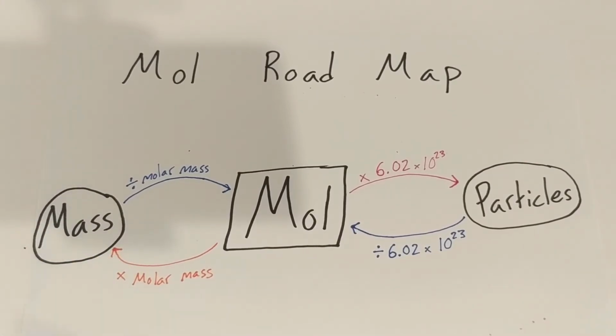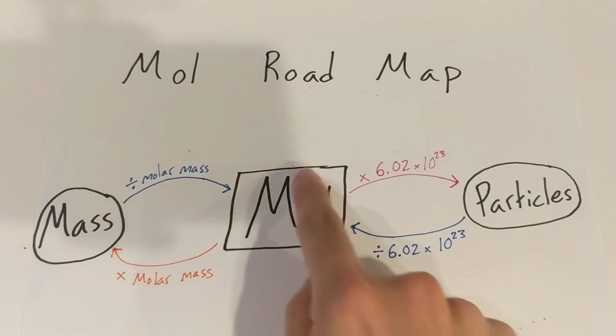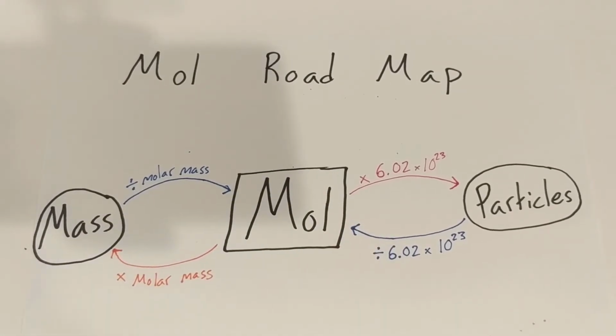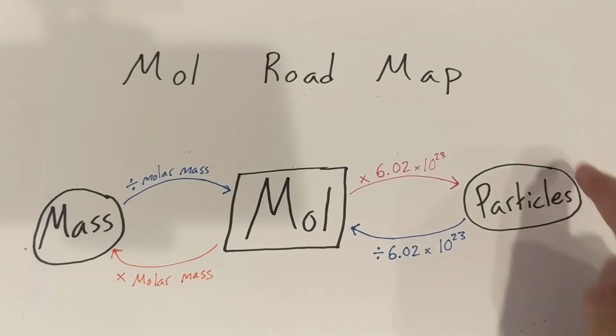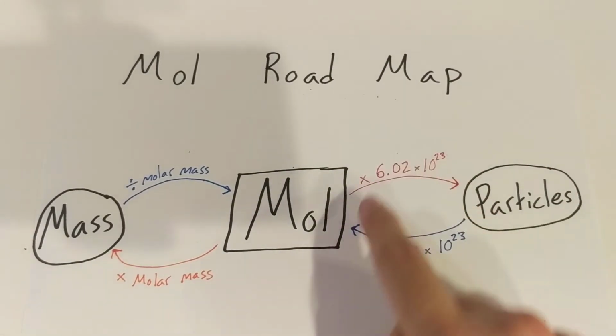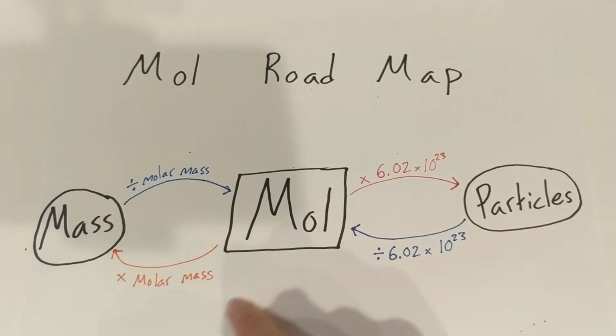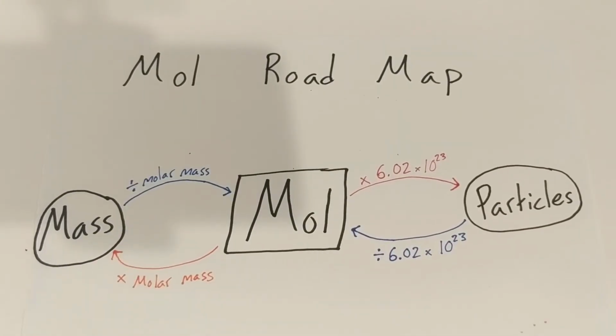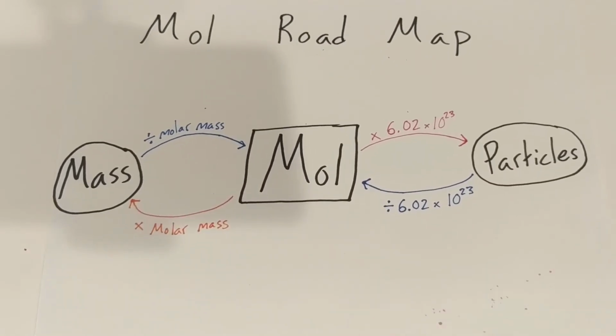So it might look like you have a different amount. You'll have a different mass. It'll equal a different amount of moles depending on what compound you have. So it's not always going to be the same number. Depending on the compound, you're going to have a different molar mass that you're going to have to multiply or divide by. So let's do some examples of that right now.